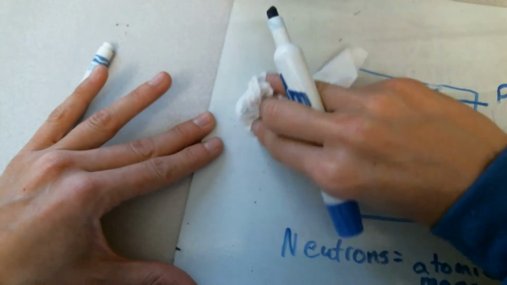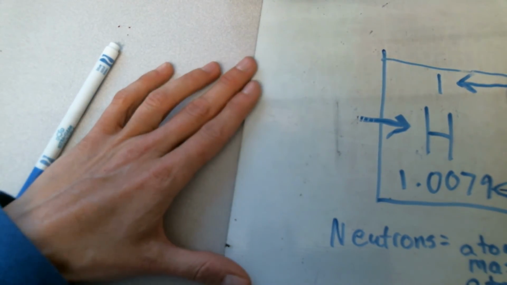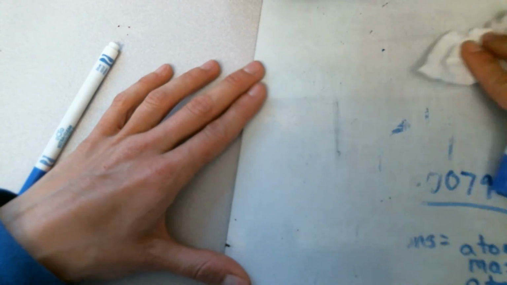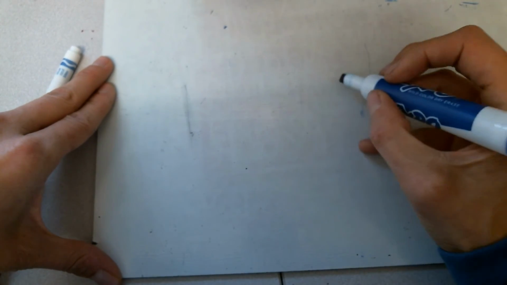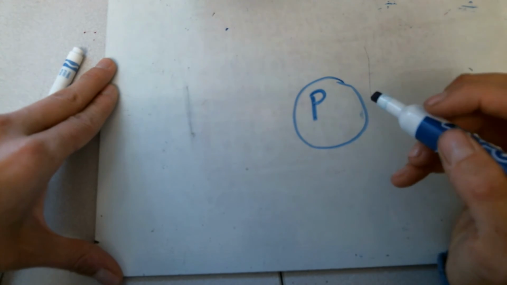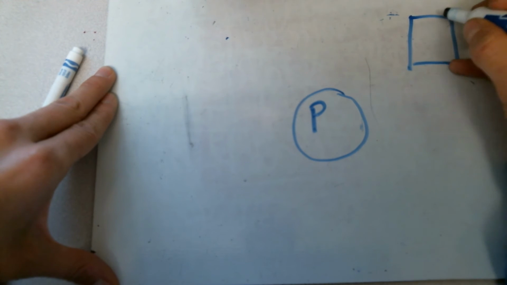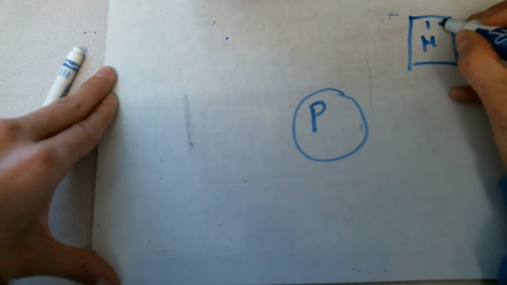So I'm going to go now and go ahead and draw my hydrogen, now that I know how many protons, neutrons, and electrons it has. So if I'm drawing my hydrogen, I'm going to start by putting my nucleus in. And I know there's 1 proton in the nucleus because the atomic number, again, that's the number on the top here, is 1.